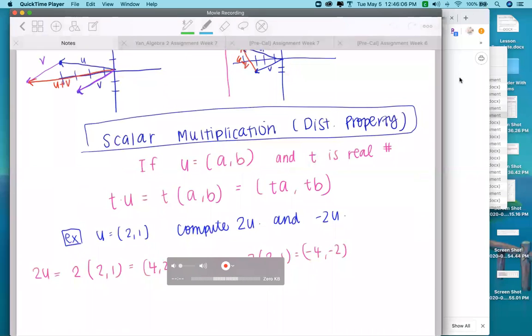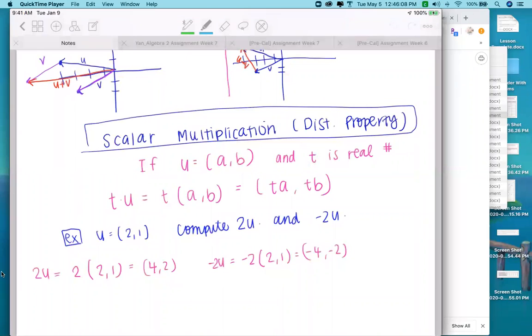One of them is called scalar multiplication, where we have a vector and a number that you want to multiply into the vector. So I have a number t multiplying my vector. The t is just going to go into each of a and b, which gives us ta and tb.